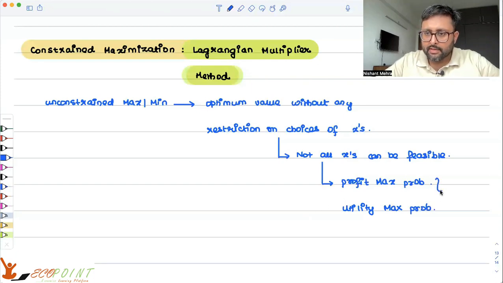In any of these, if you get a value of x which is negative, that is meaningless, right?